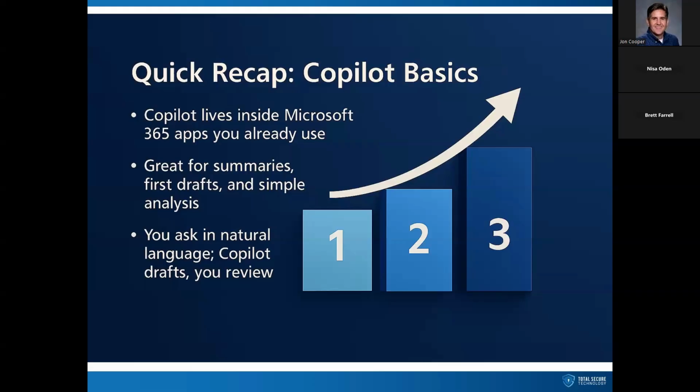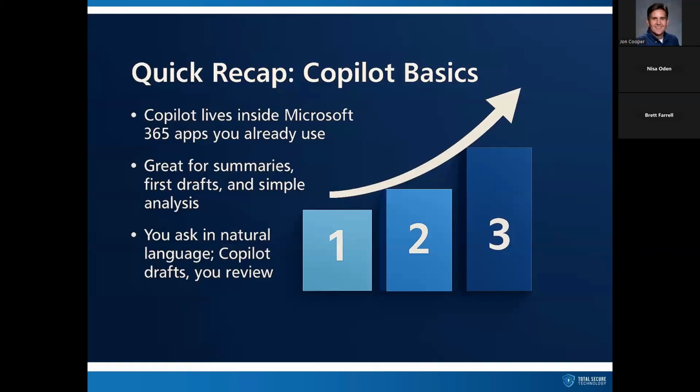The pattern we emphasized in the basic session was that you ask Copilot in plain English, Copilot drafts, and you review and decide whether you want to use what it produced. And importantly, Copilot works within your existing Microsoft permissions and security structure.